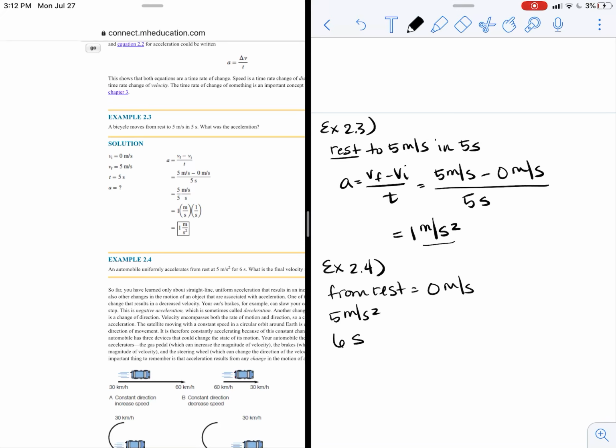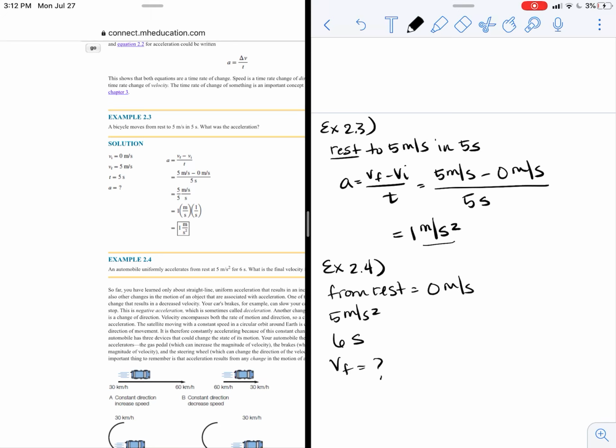What is the final velocity? All right, so this isn't asking us to find acceleration. This is asking us to find final velocity, so that is a little bit trickier.